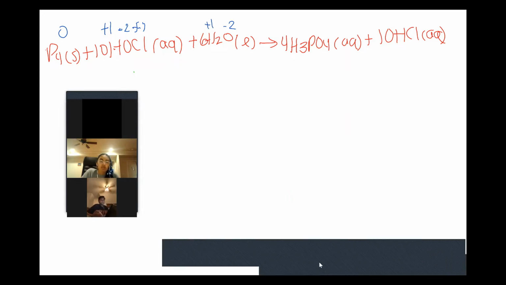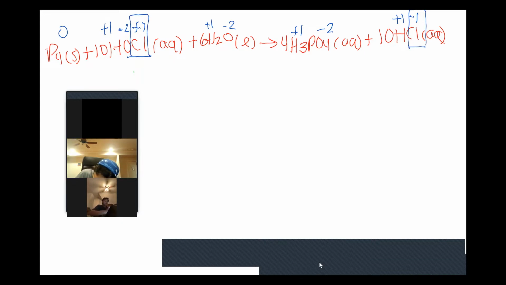And then on the right side, hydrogen is +1 and oxygen is -2, right? And then here, hydrogen is +1 and chlorine is -1. Right off the bat, we can see that chlorine's charge has changed. It went from +1 to -1.